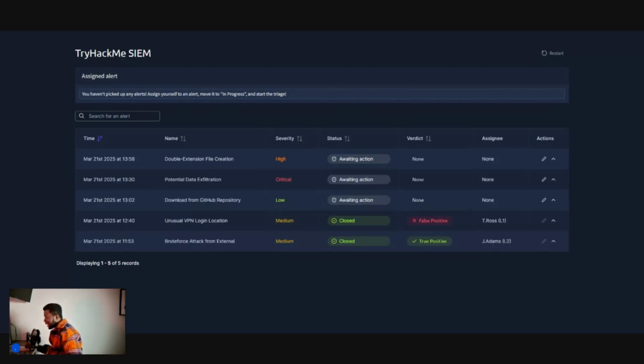And we already have, here we have 1, 2, 3, 4, 5 events. Now, the junior SOC analyst has succeeded in closing 2 of the alerts and giving a verdict of true positive on this one and false positive on this one.